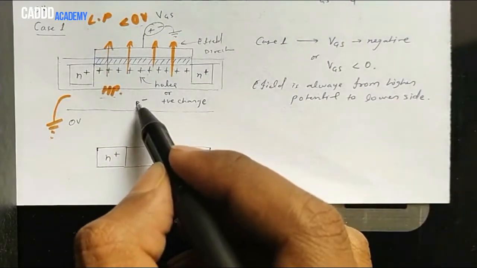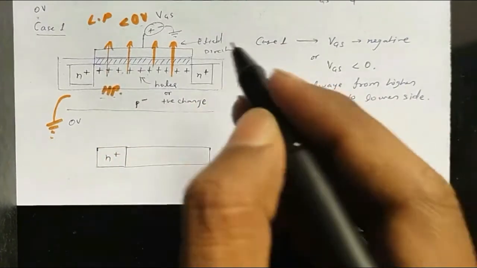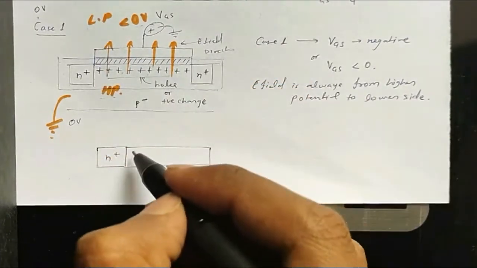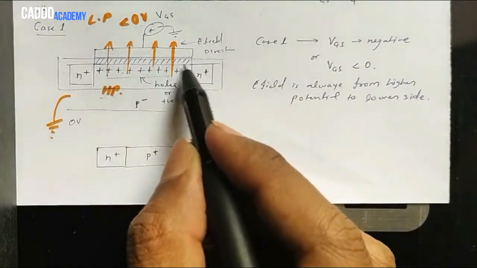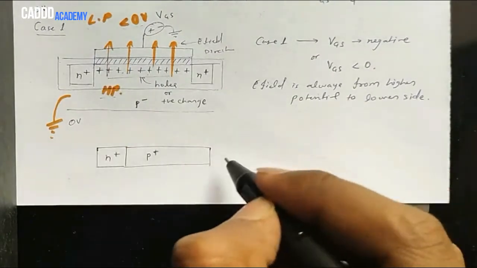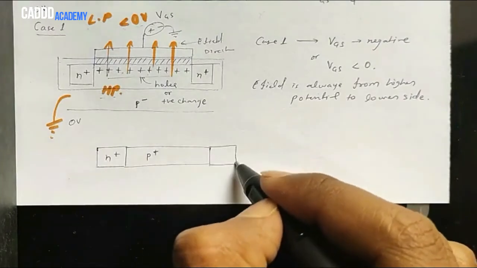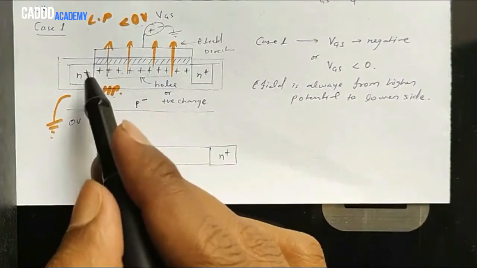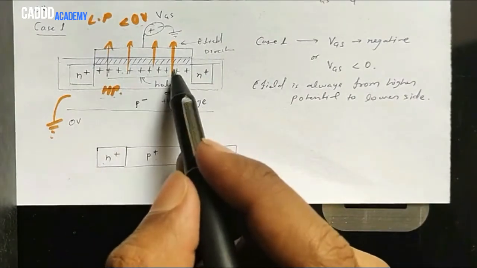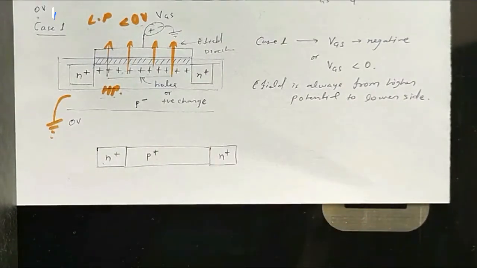Because we have a large number of holes in that region. So first we had the N plus region, after that we have the P plus region because of accumulation of holes, and after that again we have the N plus region. So N plus, P plus, then the N plus junction.